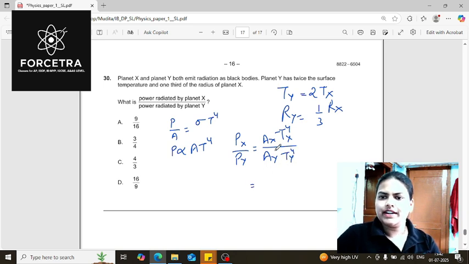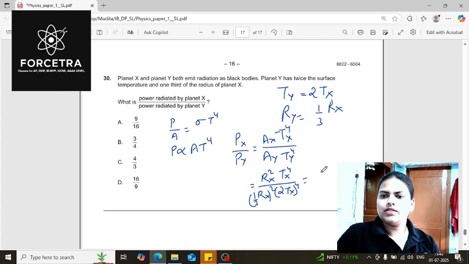So instead of area I can write radius of X square into temperature of X power 4. And we know Ty has this relation, so I can replace Ty with twice of Tx, power 4. And for the area of Y, I write Ry square, and instead of Ry I am writing Rx into 1 upon 3, squared.